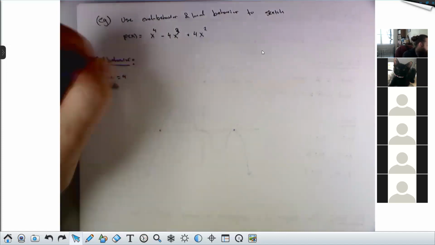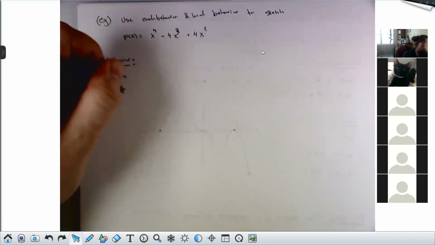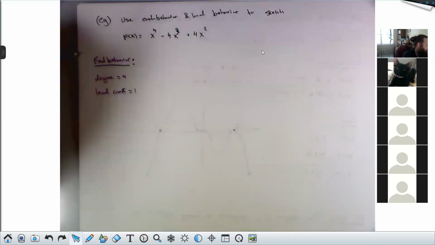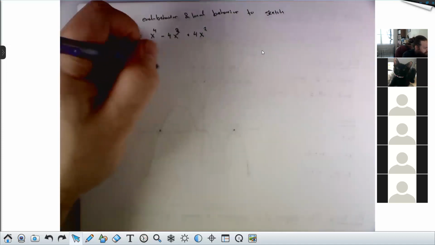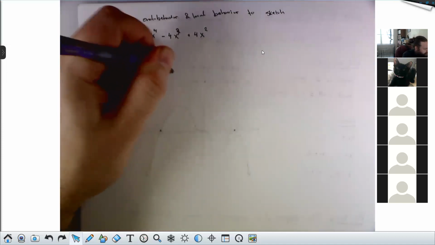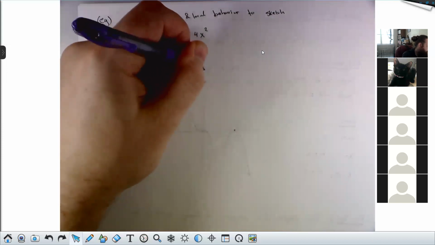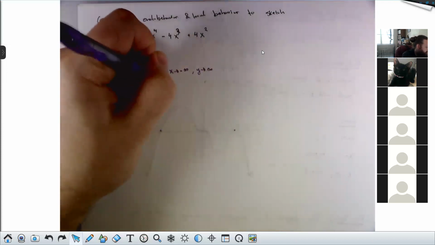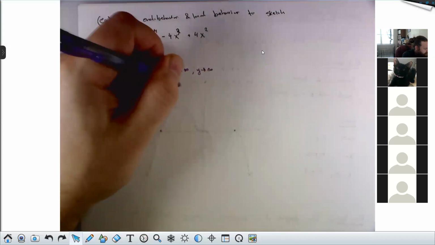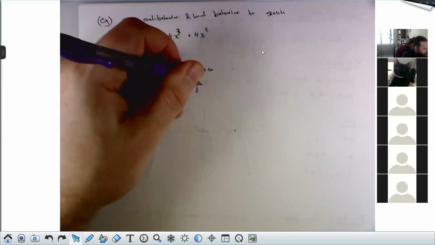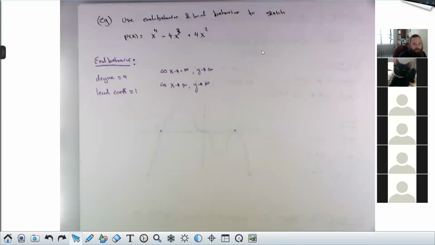The lead coefficient is 1. So my end behavior is going to be, as x goes to negative infinity, y goes to positive infinity. And as x goes to positive infinity, y goes to positive infinity, up on both sides.